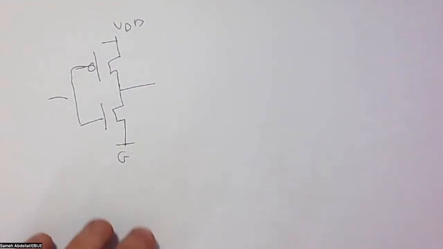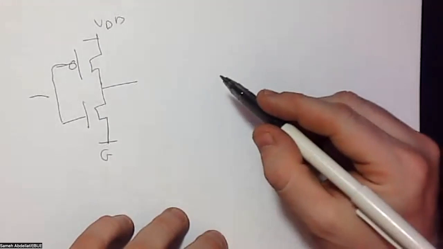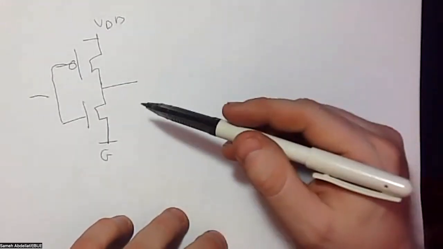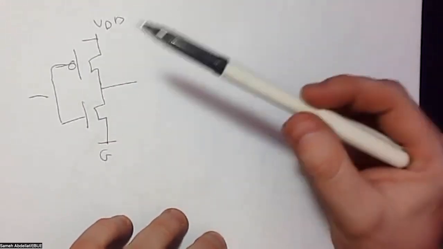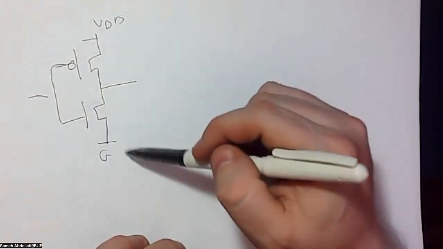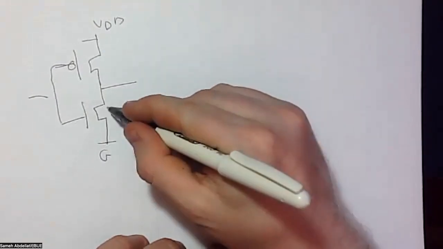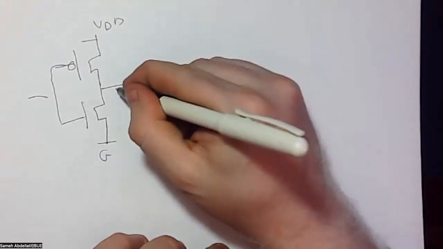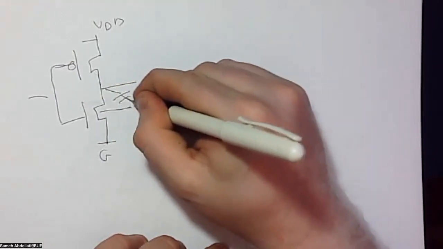So this is basically the schematic for the inverter. Of course, you know that this one is for the PMOSFET, and this is for the NMOSFET. In the first estimation, you can put the capacitance correlated to each of these transistors. For example, here, for this NMOSFET transistor, we have capacitance like that.